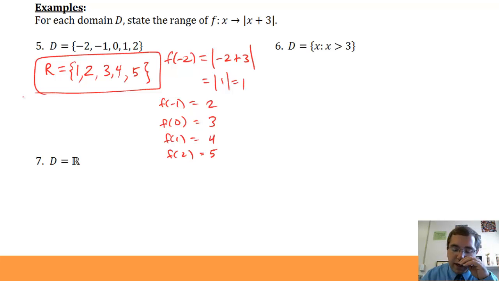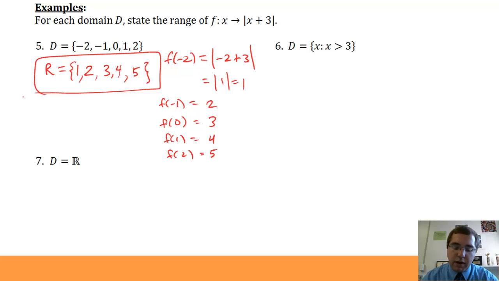Number 6, what if my domain was any x such that x is greater than 3? So not just whole numbers, not just 4, 5, 6, and 7, and so on, but also all integers and decimals bigger than 3. Well, what would happen at 3? I would get 6, right? If I take something bigger than 3, I'm going to be adding 3 to it and then taking the absolute value. Well, it's going to be bigger than 6 then.